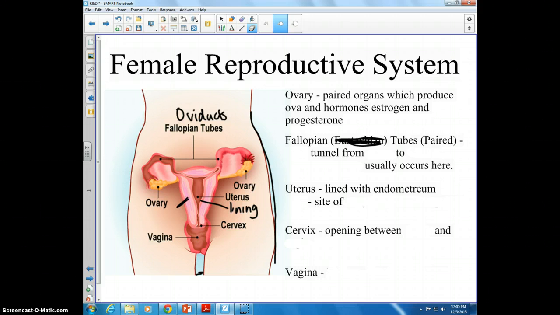There are two of them in a normal female human reproductive system. And they essentially act as the tunnel that connects the ovary to the uterus. And if fertilization is going to occur, it will usually occur within the fallopian tube. It is very unusual for fertilization to occur outside the fallopian tube and to result in a viable offspring in humans. And we will discuss why in a little bit.